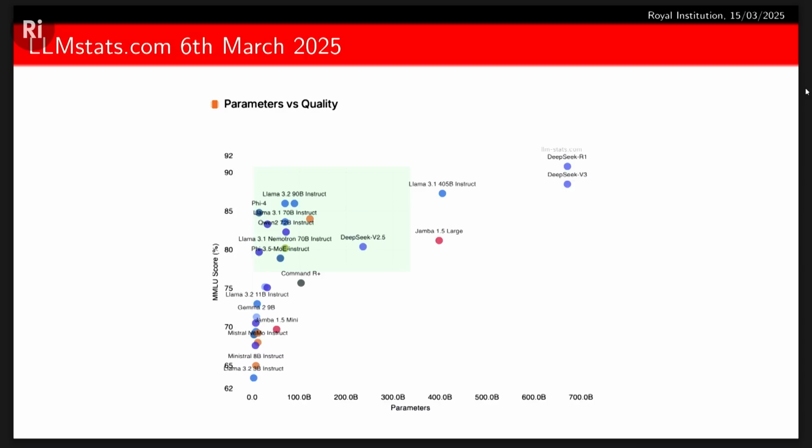So you can see that DeepSeek is actually there outperforming the others, but also much bigger than the others. So that tells us something: the more connections you put in, DeepSeek is doing better. I don't know how many of you know about DeepSeek, but it has much better performance on reasoning tasks and things like that.